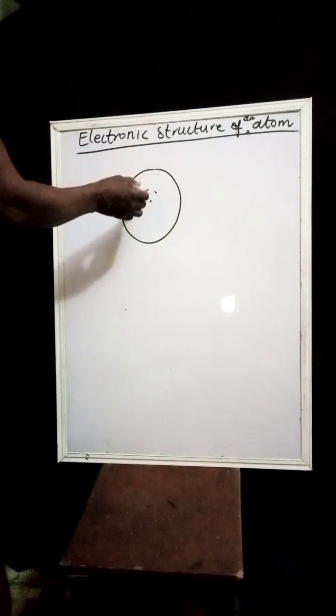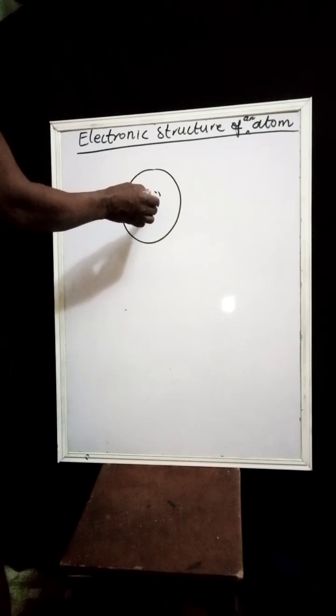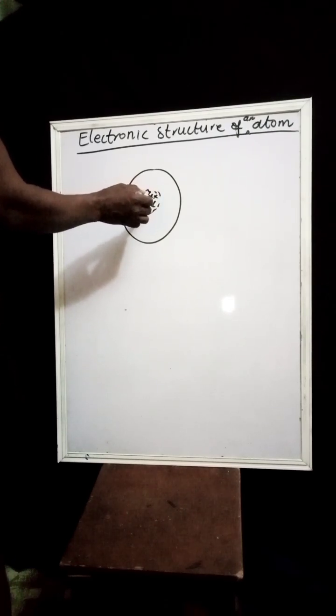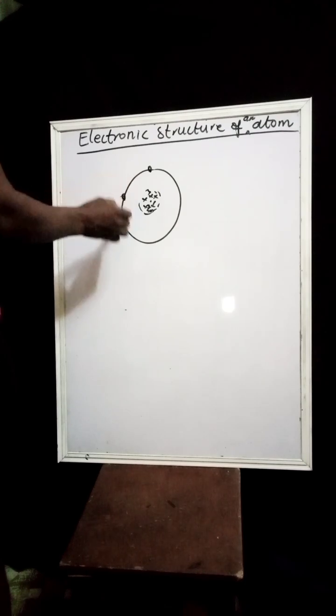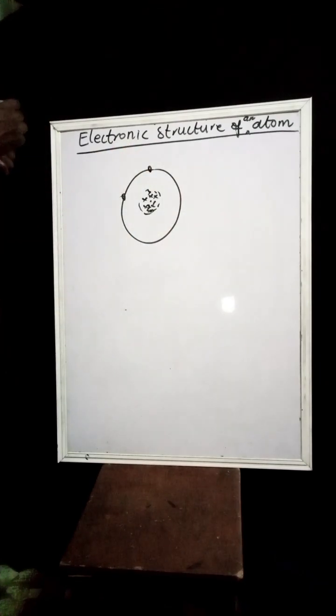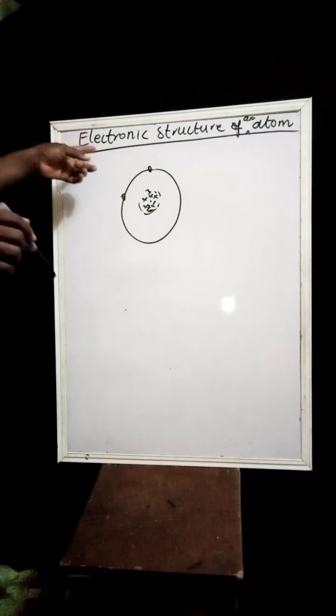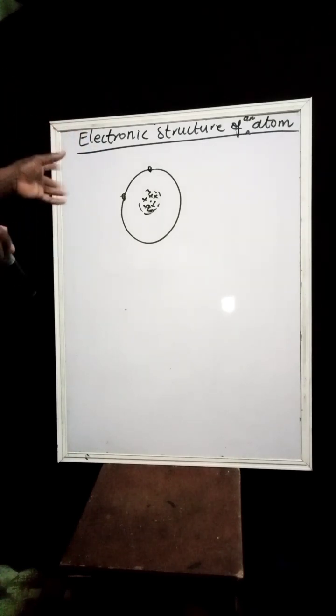So if this is a structure of an atom with electrons revolving around the shell, then it means that in providing electronic structure, we have to give this information. We have to tell the atoms of the elements, that is the name of the elements.